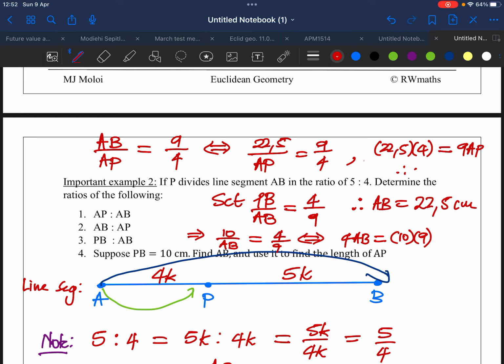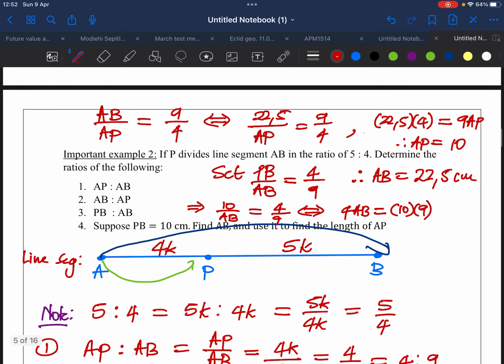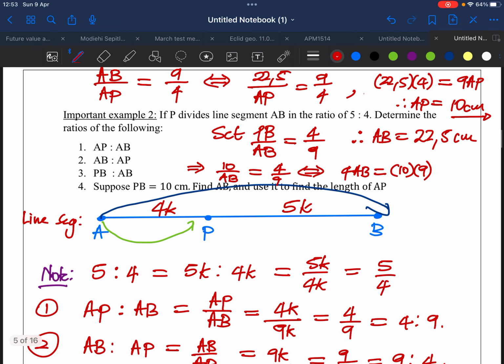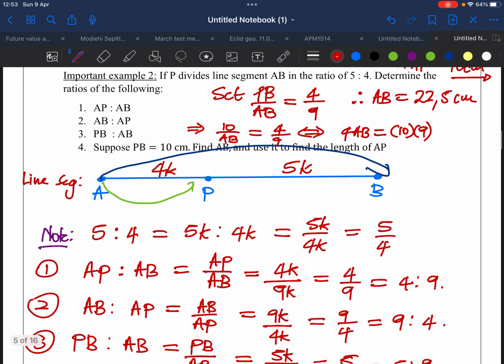So dividing both sides by 9, it's 22,5 times 4 divided by 9, which is equivalent to 10 centimeters. So the length AP is equivalent to 10 centimeters.